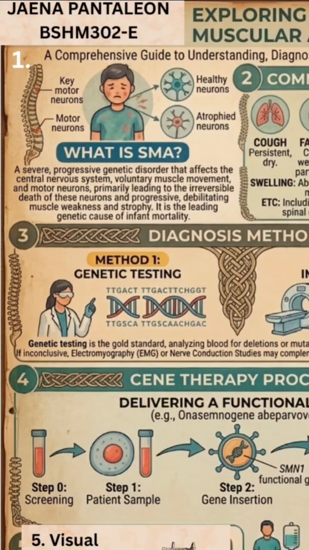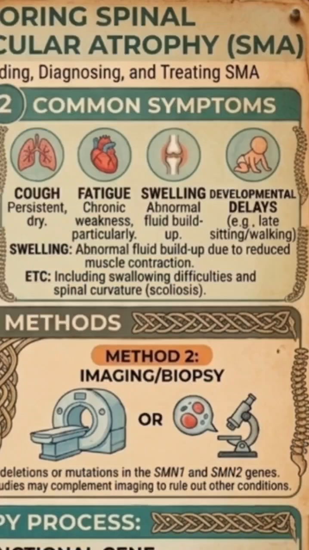Okay, without further ado, let's proceed with the signs or the symptoms of SMA. So, how does SMA manifest? Clinically, we see a range of symptoms. Aside from chronic fatigue and persistent dry cough, the most telling signs are developmental delays, such as children being unable to sit or walk at the expected age.